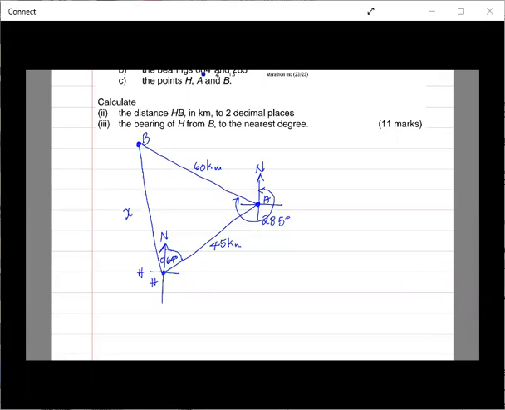Now, it looks to me like HAB is a non-right angle triangle. If I can find that angle there, I can determine the length of BH, which is X. Now, here's what I know about this angle.